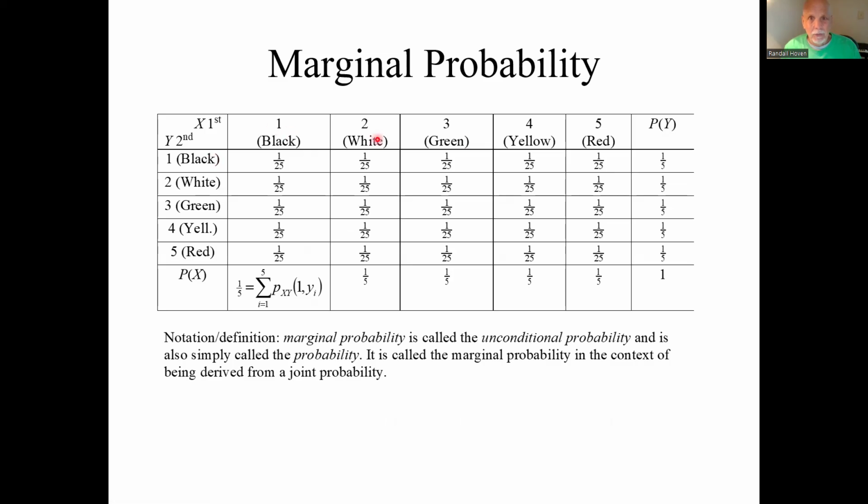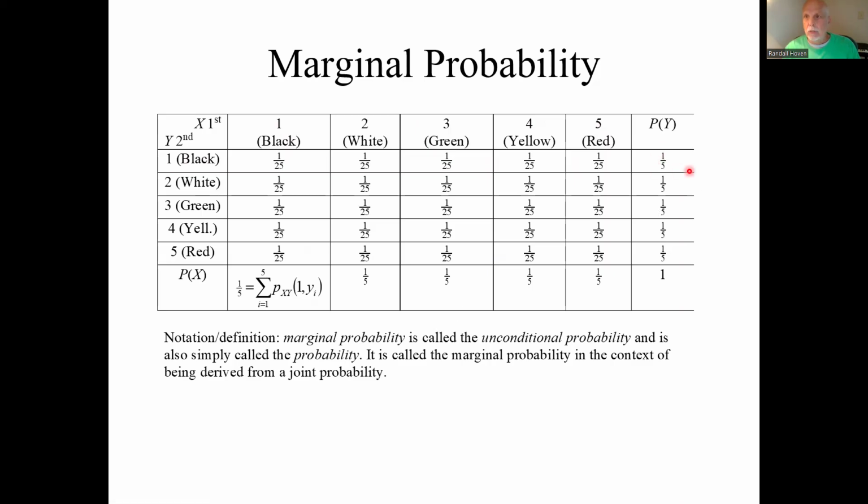So if I add up all these probabilities that x is any of the colors, I get 1/5, and that's the probability that y would be black. Actually, the random variable 1, because we're dealing with random variables now, not colors or something else.